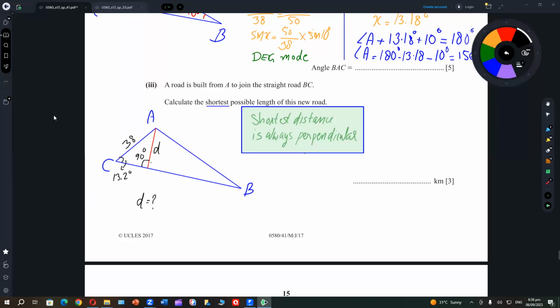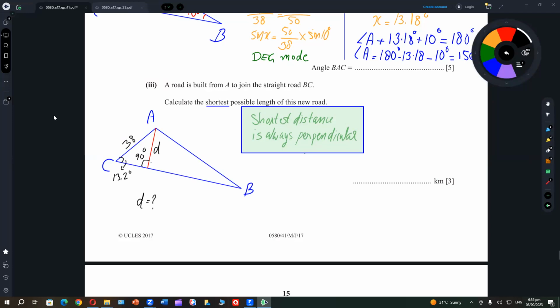I have made all the marking here and you need to help me to get this. I need to find D. So D will be the shortest distance. D is the shortest distance, right?